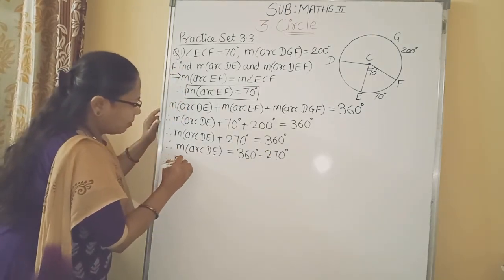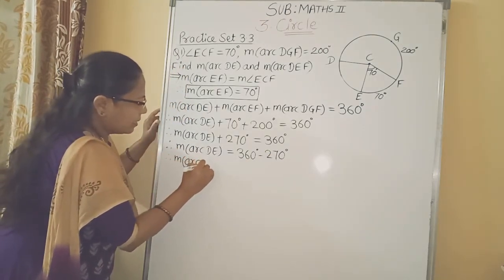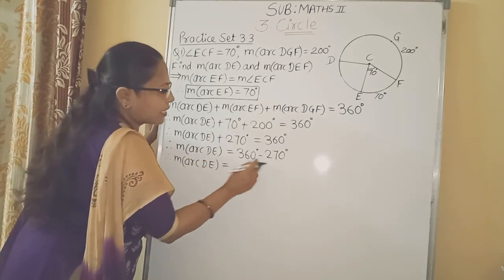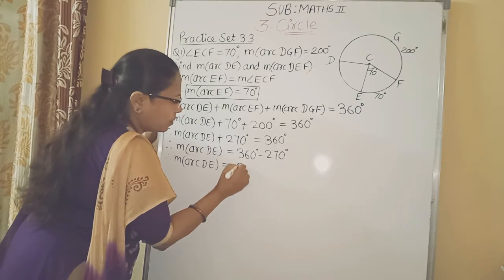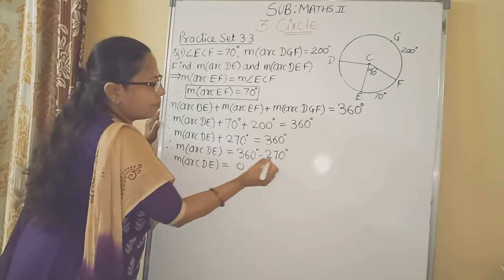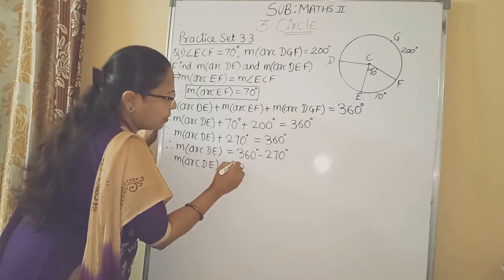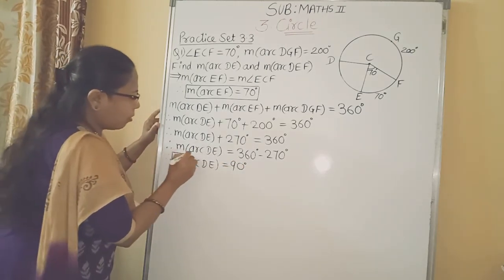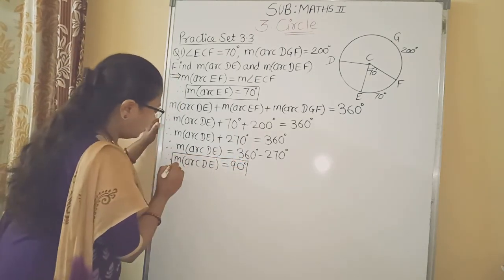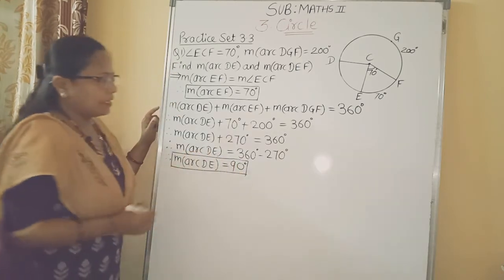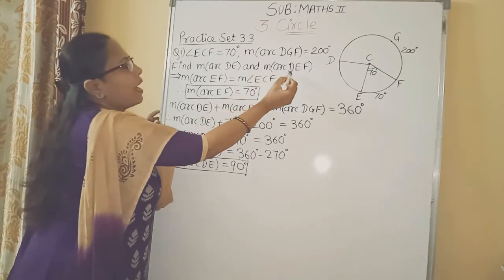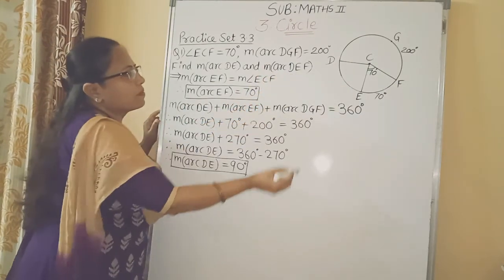Now do subtraction: 0 minus 0, 0. 16 minus 7, 9. 90. So measure of arc DE we got 90 degree.